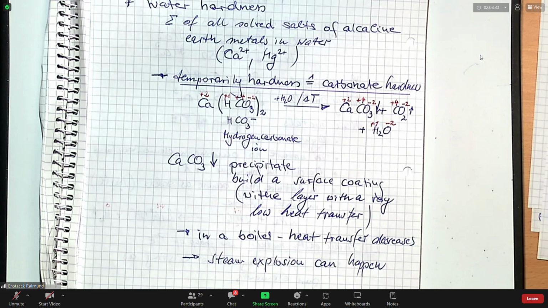And this is what you need in a lot of biological processes in your body. So I wouldn't fear too much about hard water drinking. But sometimes it tastes better if you have not so hard water, especially if you are really a tea drinker.